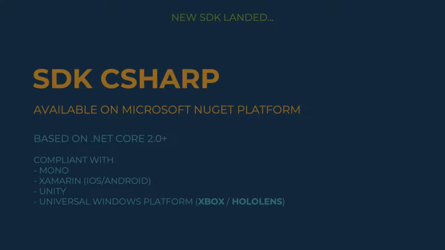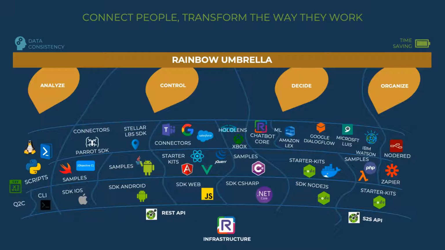This SDK for C# is a new piece of what I call our Rainbow CPaaS umbrella, dedicated to connecting people and transforming the way they work. We are continuing to give you the best tools to help you build applications that help people save time by being more efficient and make the right decision by accessing the right data at the right moment.